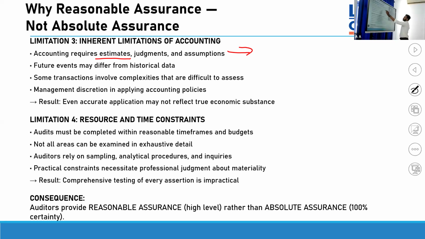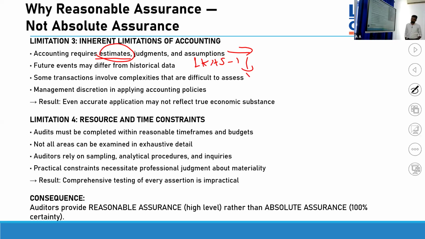Can you remember in LKAS 16, there is a concept called depreciation, no? So, in order to depreciate an asset, we need the useful life of an asset, right? So that useful life of an asset is also a kind of estimate. We just estimate that from today to this period we can use this asset. That is an estimate.